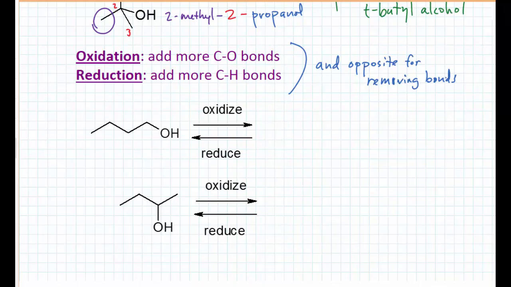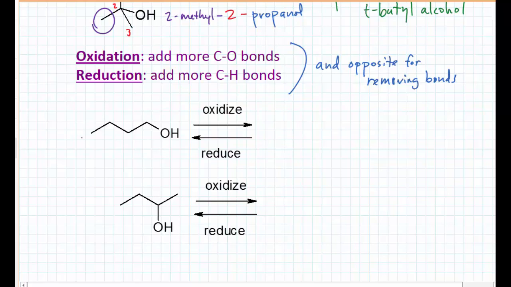If we remove C-O bonds, that's a reduction. It's sort of the opposite. But adding C-O bonds as an oxidation, that's the easiest one to remember, I think. It's becoming oxidized, so we're making more bonds from C to O. So alcohols can be oxidized. In doing so, it makes an additional bond from the carbon to the oxygen.